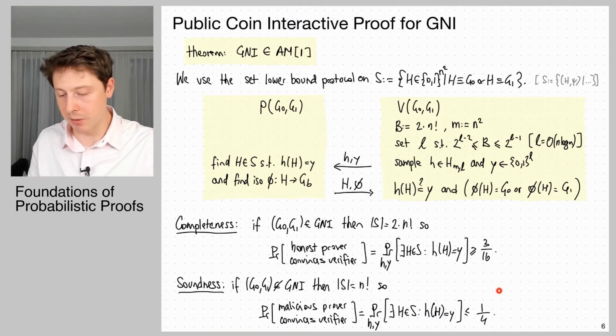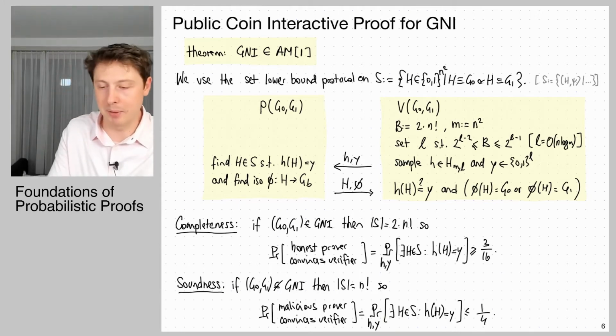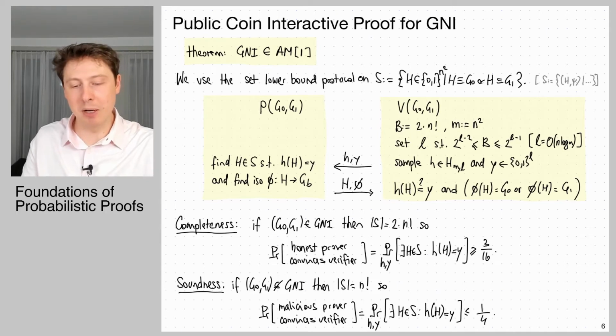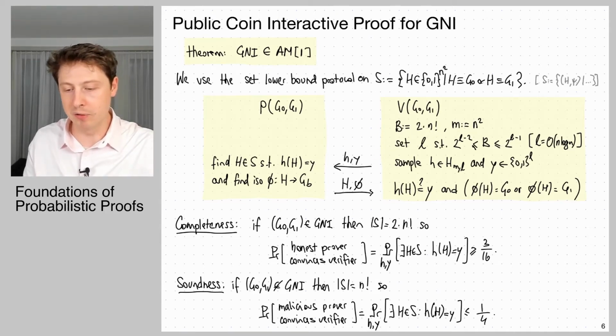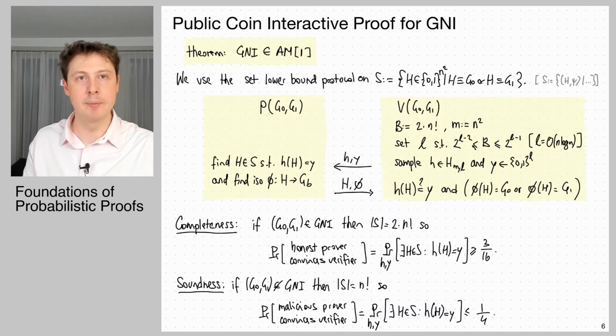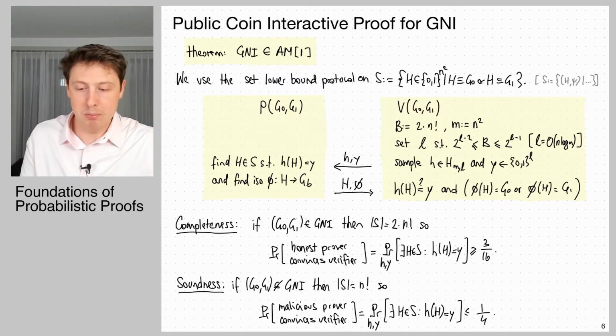Again, please ignore the constants now because I messed them up in the prior slide. But here we're just directly applying the set lower bound protocol. That is a 1-round public coin interactive proof. And because this set doubles in size in the good case versus the bad case, we can just directly apply it.